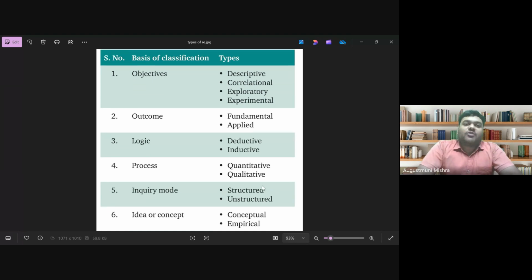Now we will move to another type of research on the basis of outcome, that is fundamental and applied research. I'm sharing another screenshot with you all that is going to help you a lot. Because we are going through the theoretical part, it is very important to understand the basic things. Then we can move to solving questions and also question and answer.